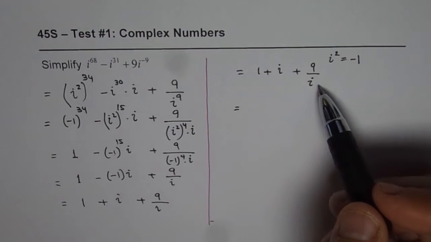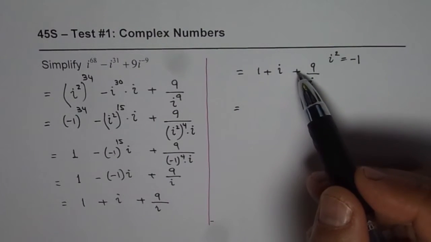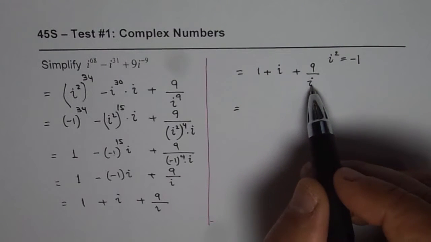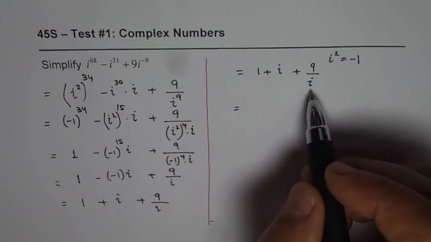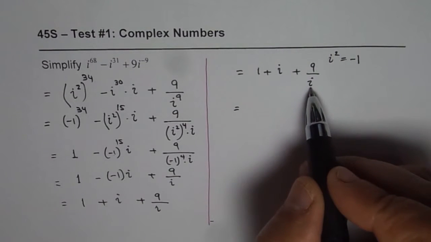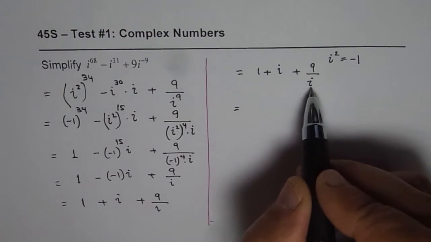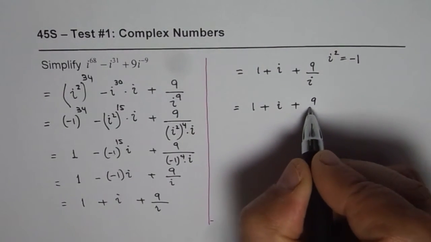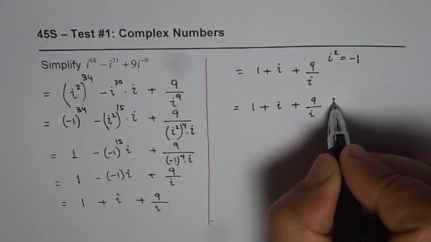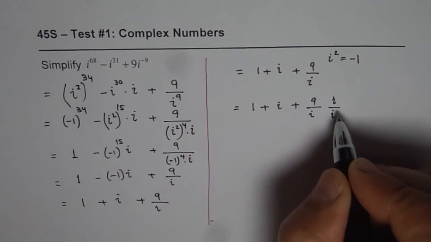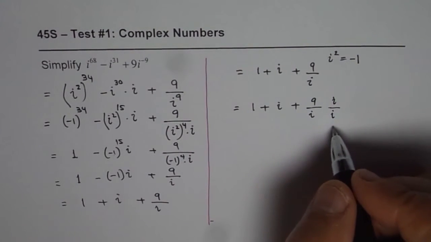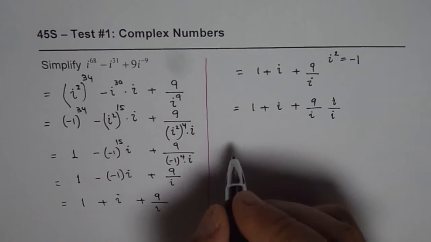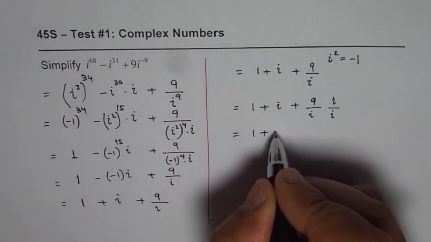It doesn't really matter much. i squared will give me a negative sign here. That's fine, right? Since we do not have two terms here. So let us multiply and divide by i so that we get rid of i from the denominator. Well, you can also multiply and divide by minus i, which is real rationalization, right? So I've kind of defined the rule, but I find this works, right? So let's do it like this.